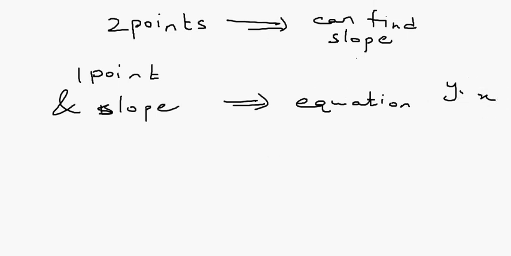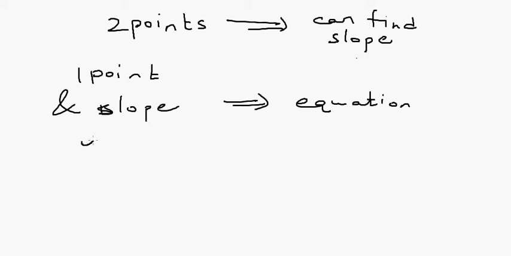Now the third possibility is, instead of actually giving you a point, you have been given the y-intercept. Actually, if you know the y-intercept, you actually know a point. So it's the same case, because if you know the y-intercept, you know the y-coordinate, and the x-coordinate is going to be 0 as it's an intercept of y.